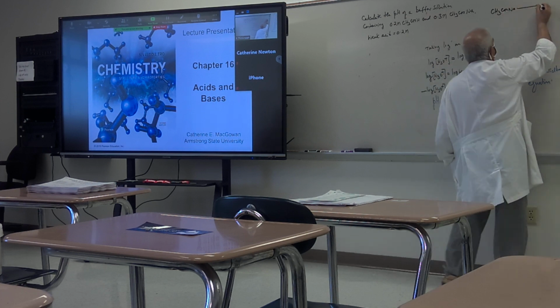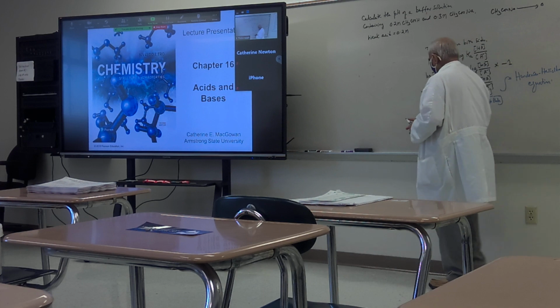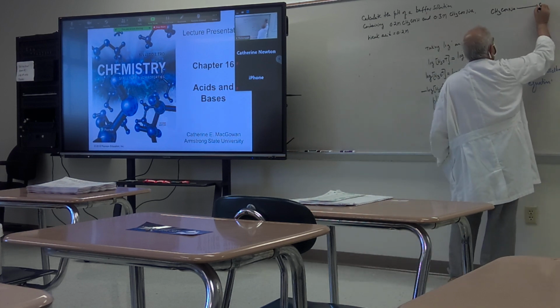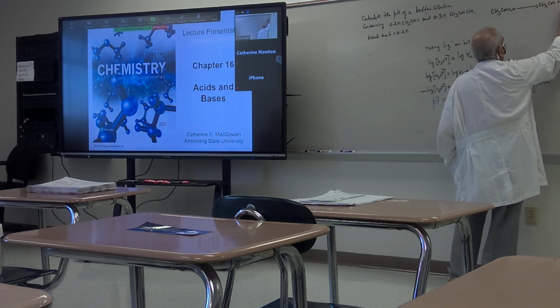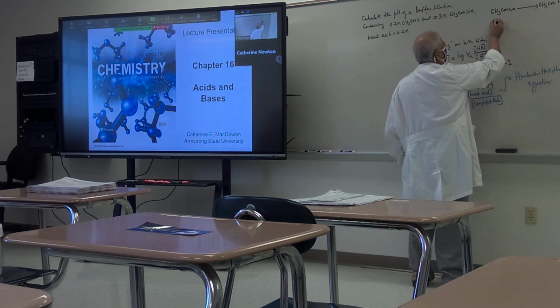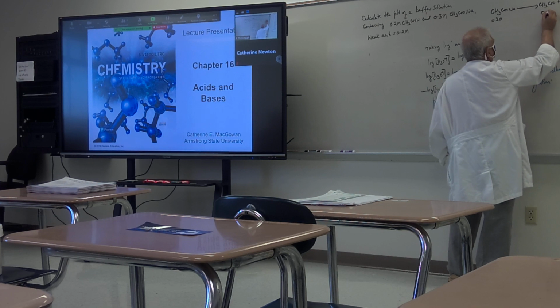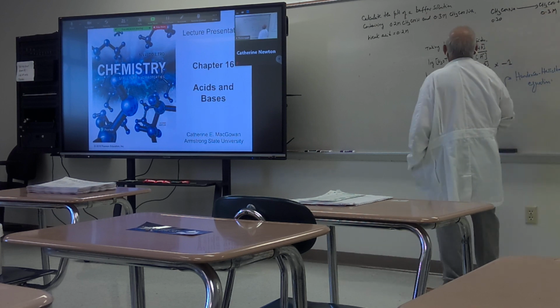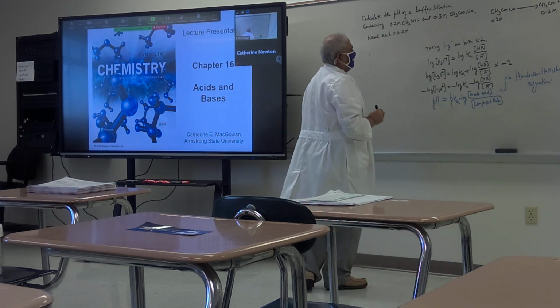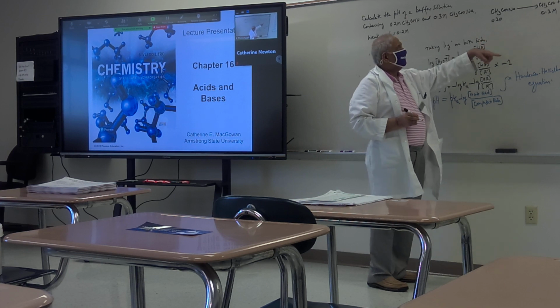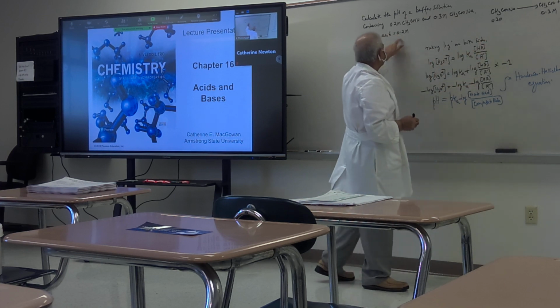This ionizes into CH3COO minus plus Na plus. Because it is a strong electrolyte, they have given 0.3 and this should be 0.3. Now you know the concentration of the conjugate base, which is 0.3, and the concentration of the weak acid, which is 0.2.